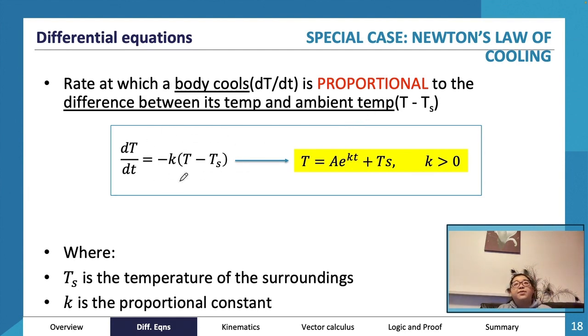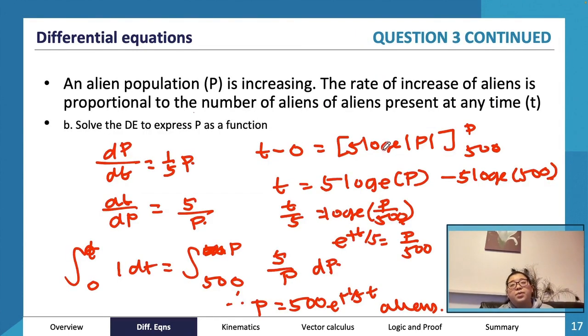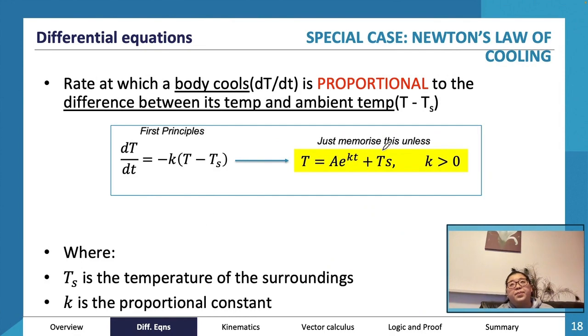Once again, we have this basic equation which is negative (T minus Ts), where Ts is the ambient temperature, and from there we can get the equation for whatever the thing is, whatever the teacup is. So essentially it's just first principles. You can use first principles, or otherwise you can just remember this formula and plug it all in. Just like for the previous one, we could have memorized the formula as well.